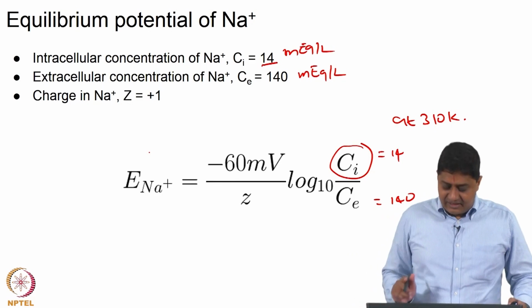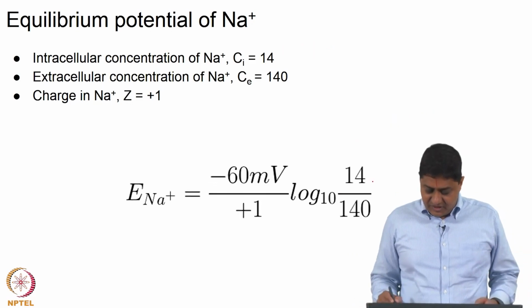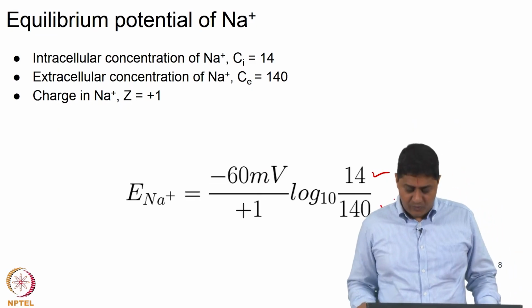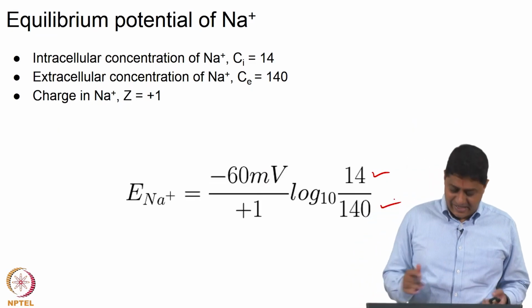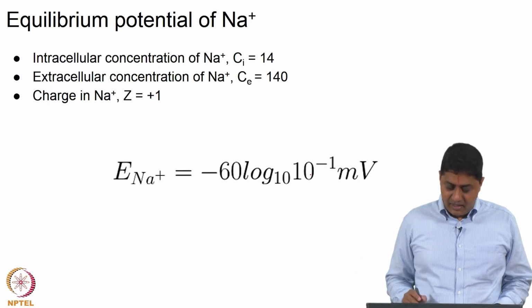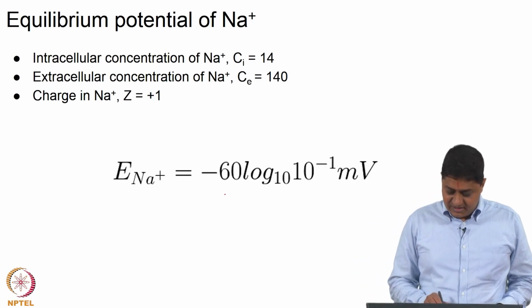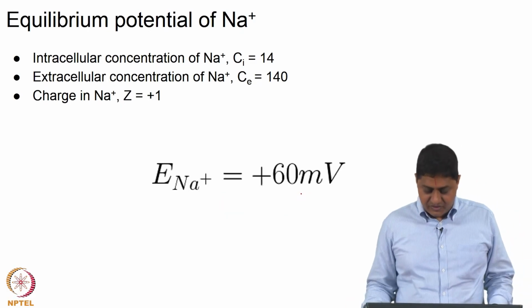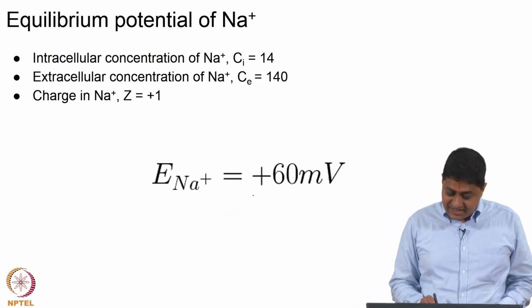But at 310 Kelvin you could substitute for these values as we have done here, 14 by 140 is 0.1 or 1 by 10 or 10 power minus 1, and that basically means this is 60 times log base 10 of 10, is it not, which is 1. So, that is actually plus 60 millivolts.